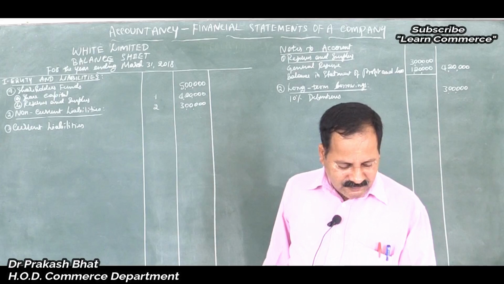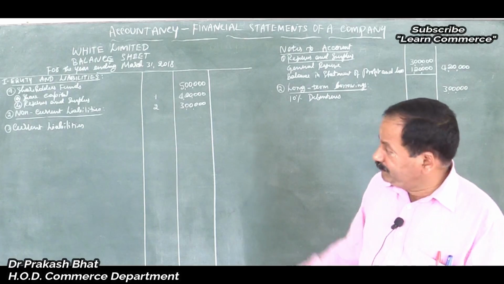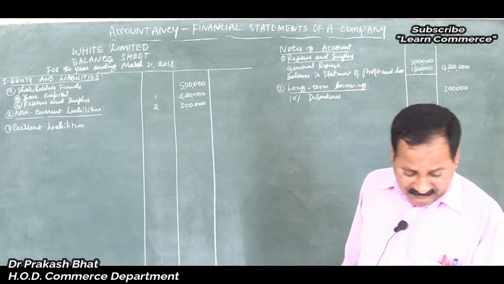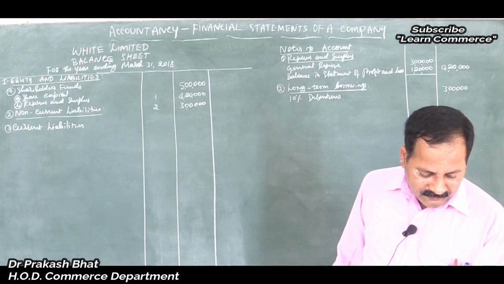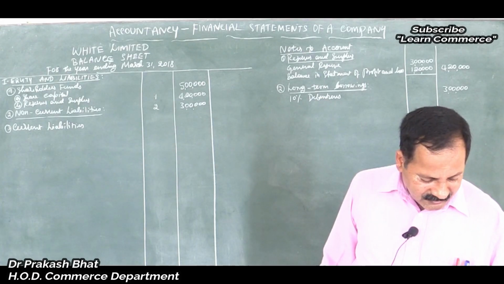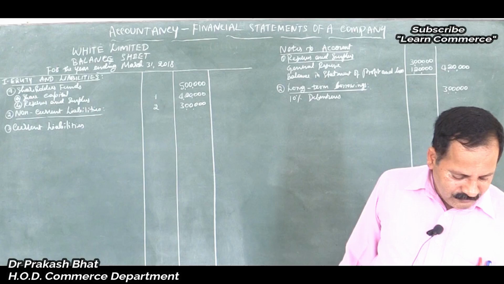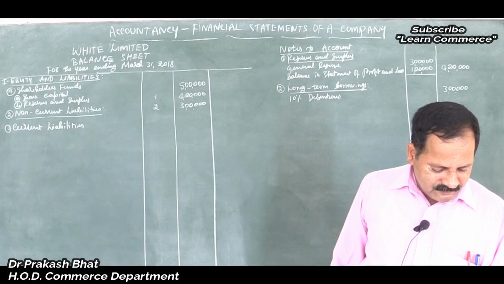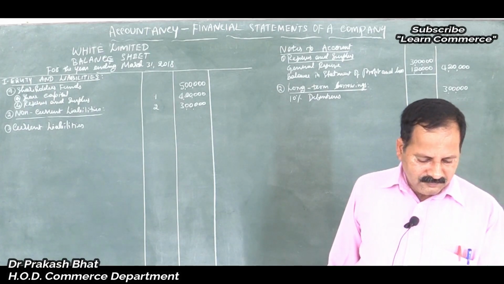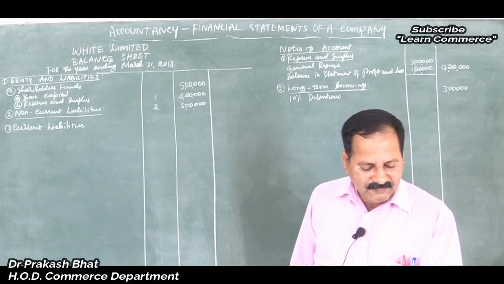Preliminary expenses should have been under non-current liabilities itself, right? That is other long-term liabilities, it comes under that actually. Preliminary expenses, under reserves and surplus, from that we have to deduct actually.